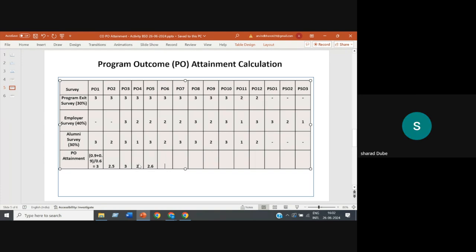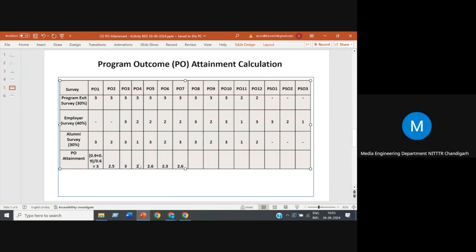And PO6, 2.4. Please check again. 2.3, sir. 2.3. Yes. So it is same as PO5. PO7 is same. So it will be 2.6, right?